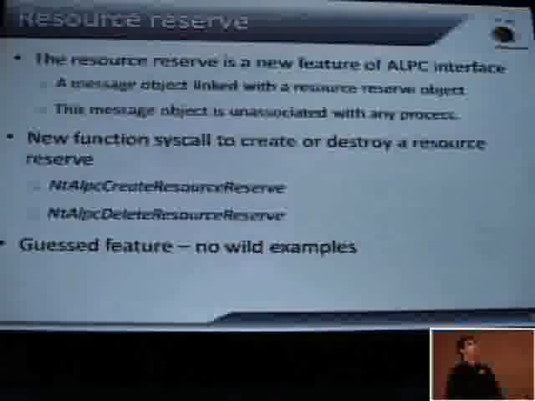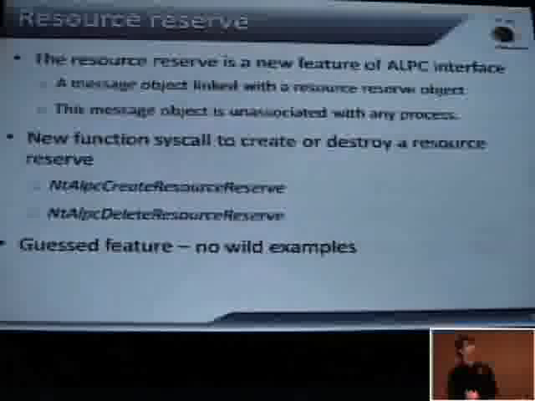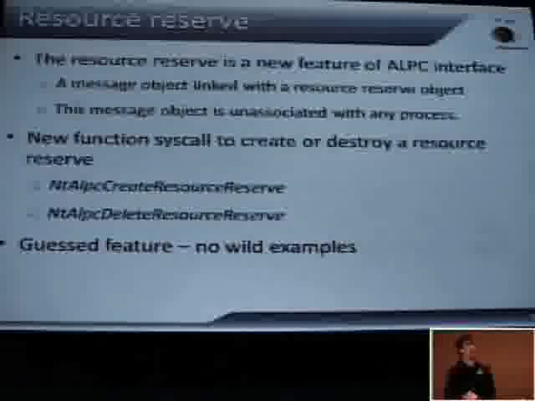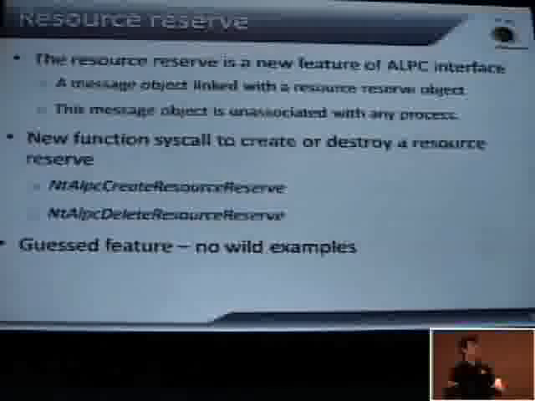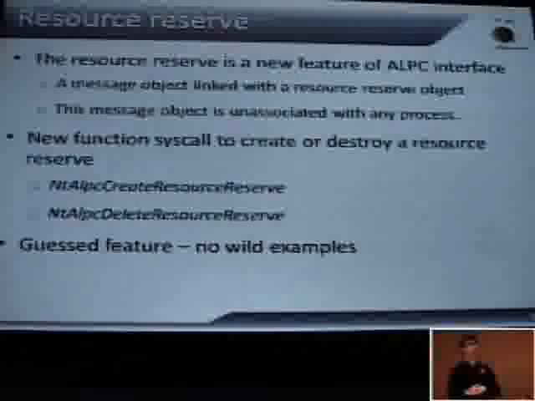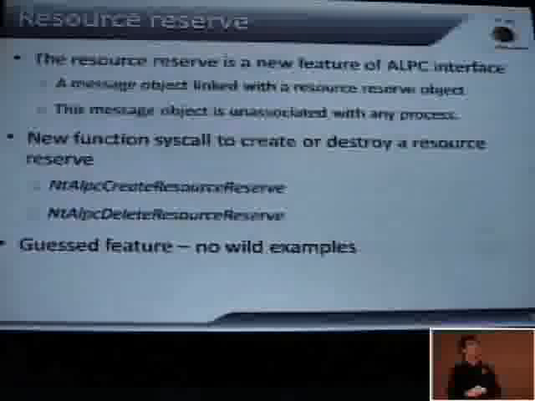So the vulnerability was in a new component called a resource reserve. This new component is basically built around a type that is linked with the ALPC object called a blob type. The blob type resource reserve basically links an empty kernel message object with the ALPC object.